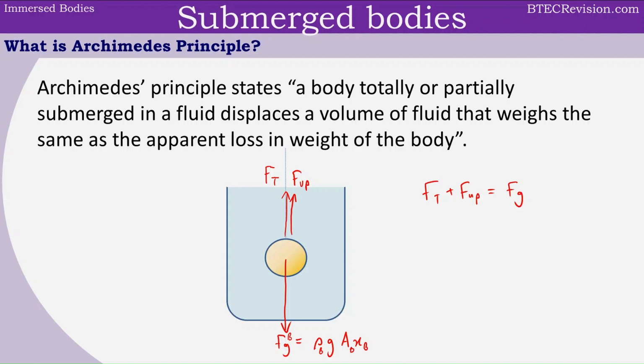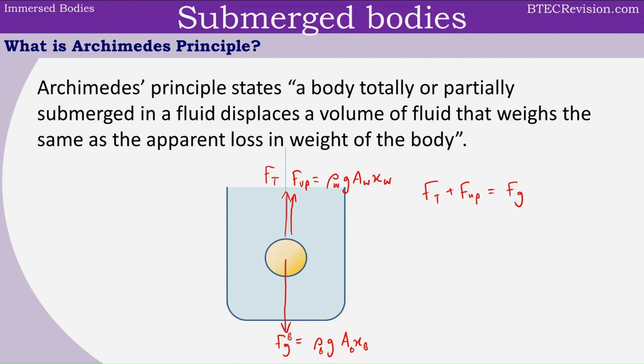And we can do something similar for the upthrust, and that's due to the force acting on the ball because of the water, and that's equal to rho of the water. We'll label that as W, and g is a constant, A_W and x_W.